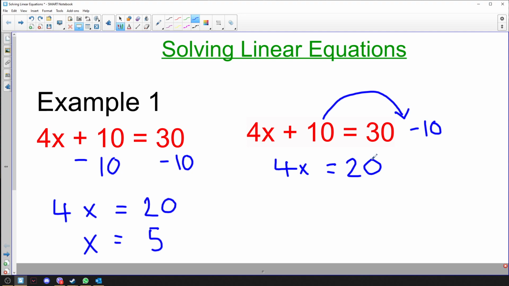Now, if I want to, I can show the full working out, where I divide 20 by 4, and 4x divided by 4 as well. When I do it this way, you can see these two will cancel each other out, and all I have left is x equals 20 divided by 4, which is 5. So same answer, slightly different method.